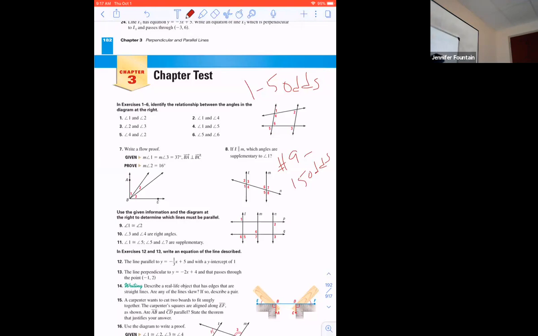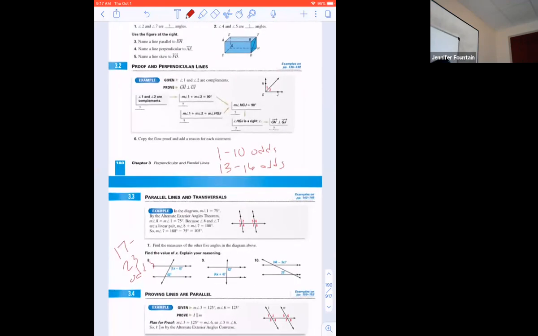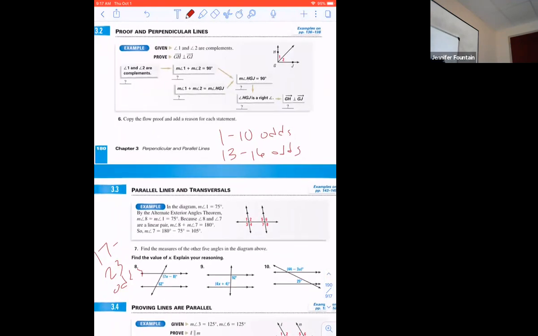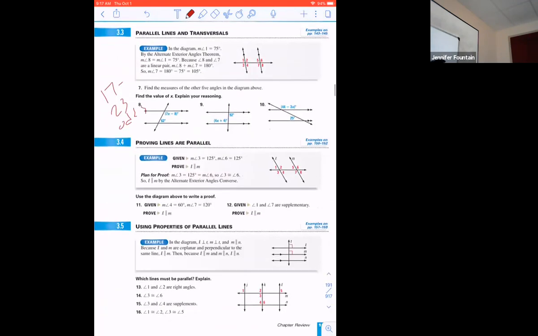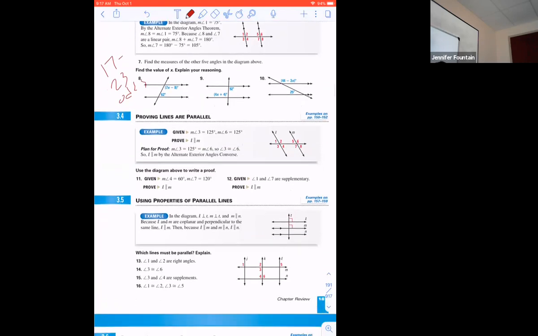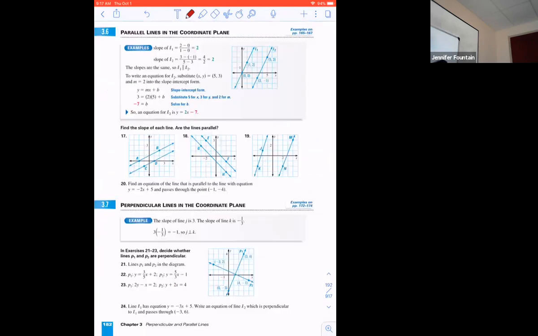Okay, so look at your list. I'm going to say them again. Look at your list and see what you've written down. On page 180, 1 through 10 odds. Page 180, also 13 through 16 odds. Page 181, you're going to have 17 through 23 odds.